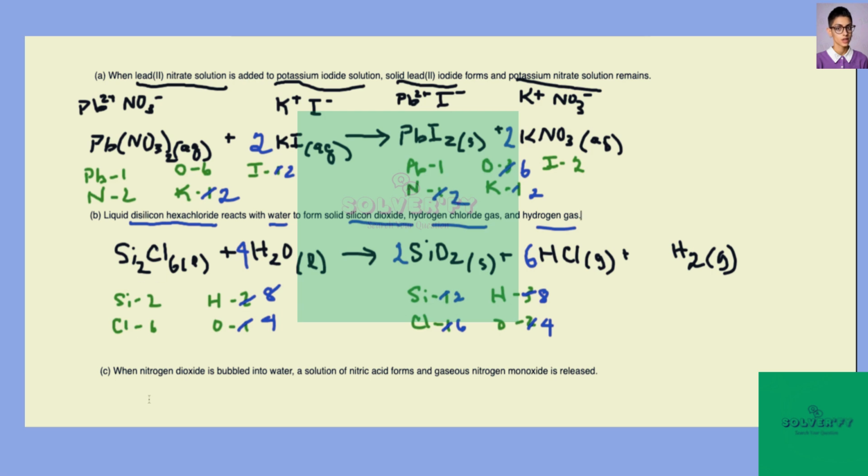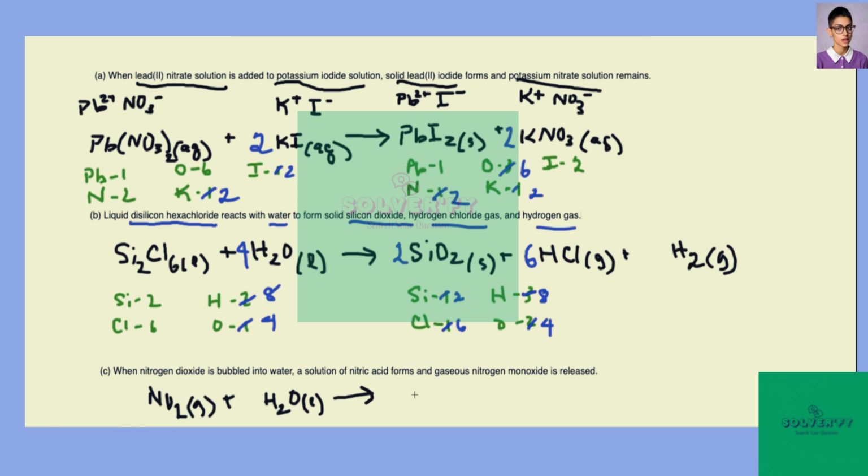Nitrogen dioxide is NO2, and since it's bubbled, that assumes it's a gas, into water, which is a liquid, and it makes nitric acid.